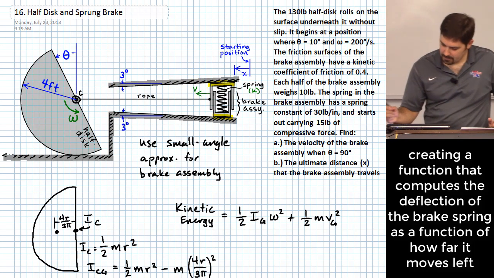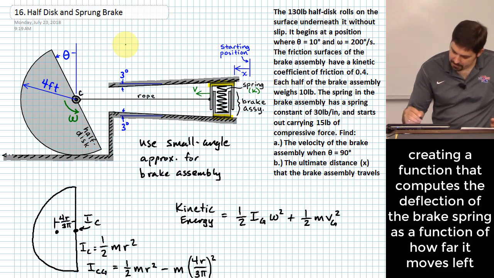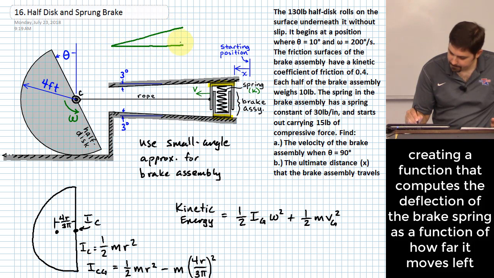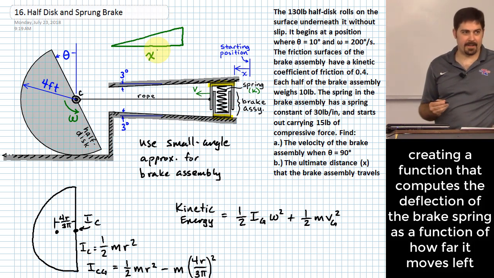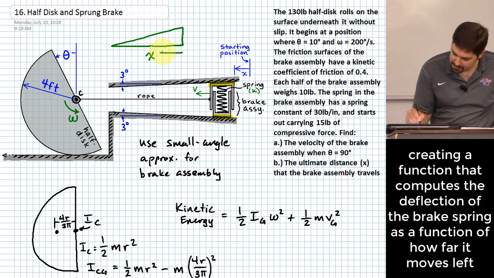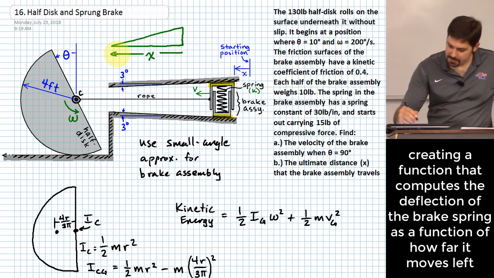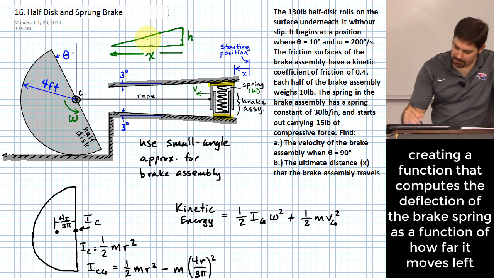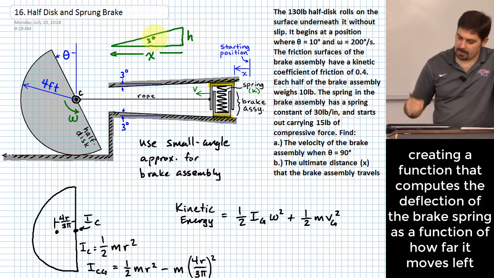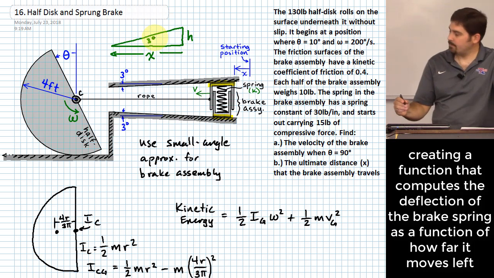So what I would submit to you is that if I'm looking at a little triangle here, and I move through a distance of x, I'm looking at just one side right now, move through a distance of x going this way, and I start with some height right here, and this is 3 degrees, how does x relate to h?